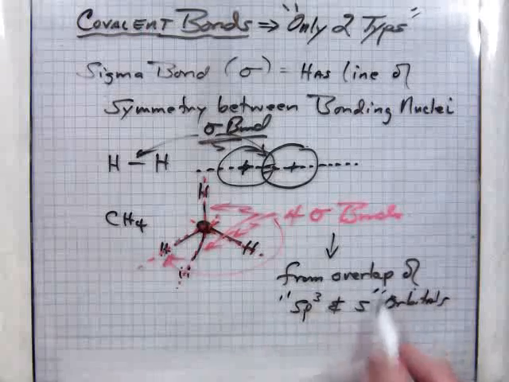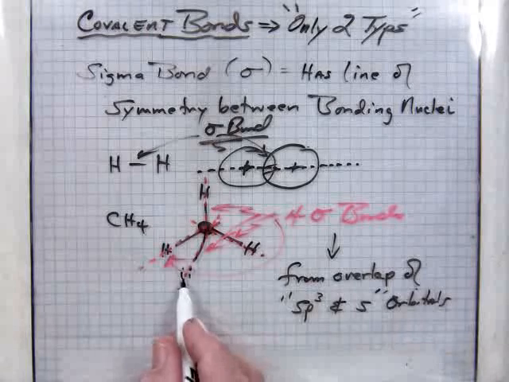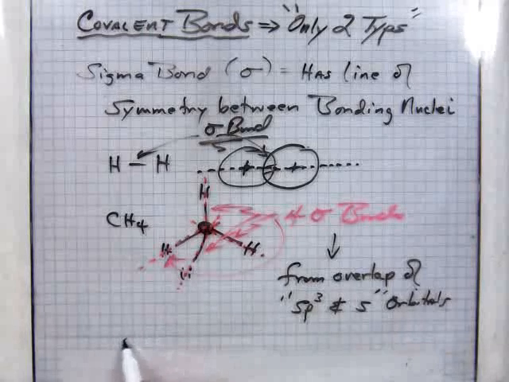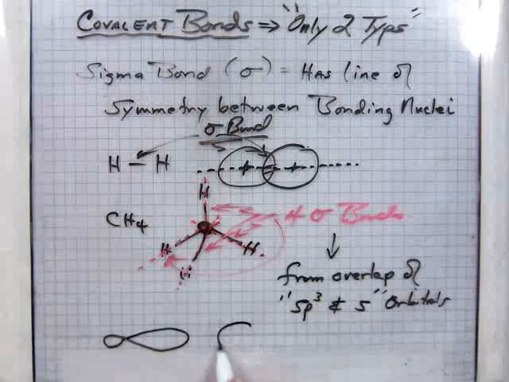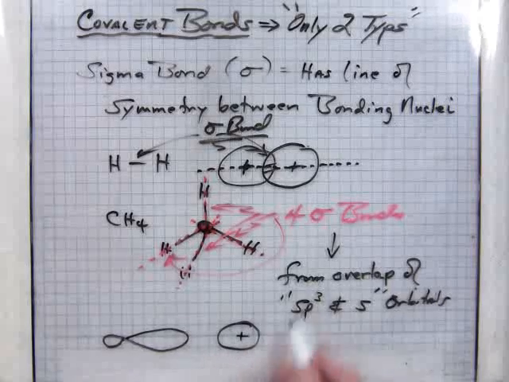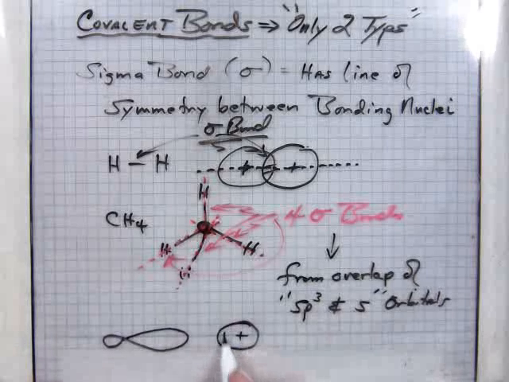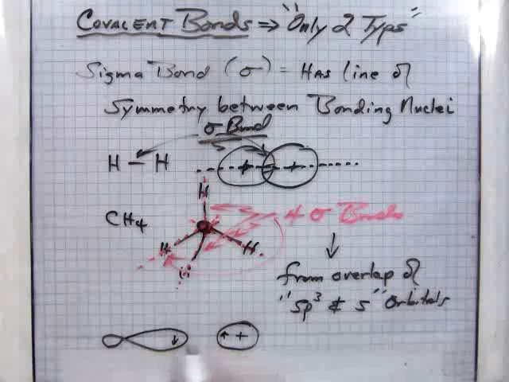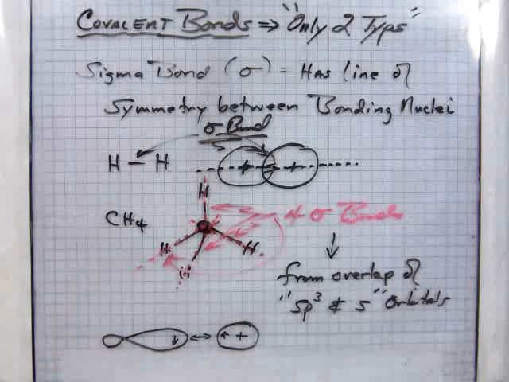an sp3 and an s orbital. Of course, the s comes from the hydrogen. So what you're essentially talking about is a hybrid orbital and then a spherical s orbital, and they will overlap to form that diamagnetic bond.